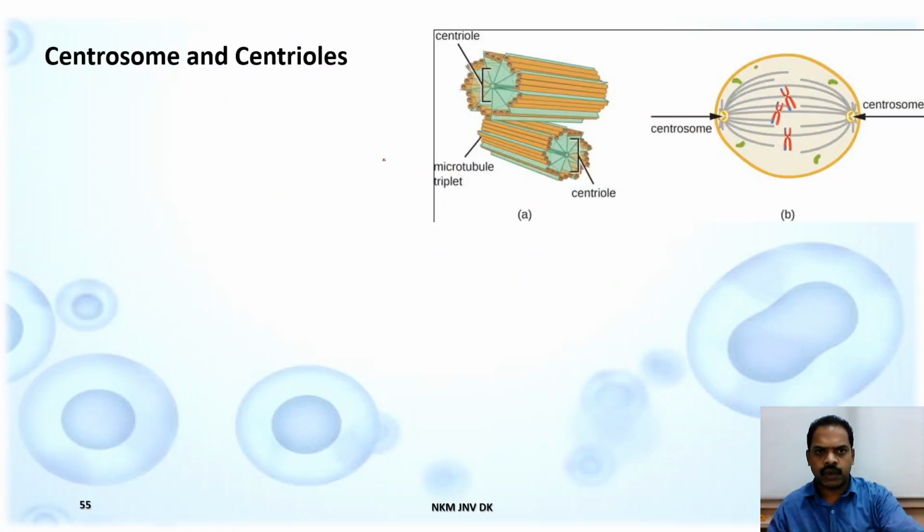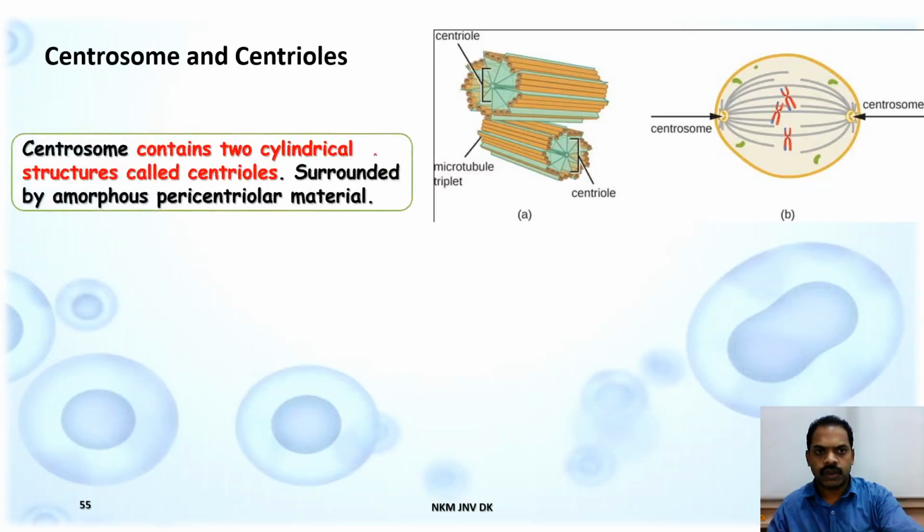Now the centrosome and centrioles. You can see that centrioles are present in the centrosome. It is a very characteristic feature present only in animal cells. It is surrounded by pericentriolar material. You can see very small centrosomes, and inside that, this type of centrioles.